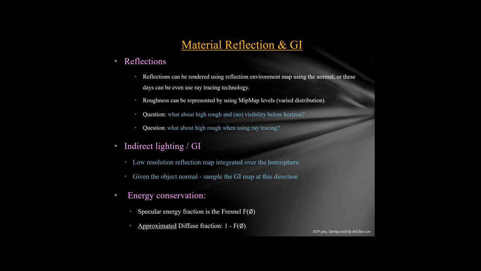We're actually sampling the environment map, but we're downsampling it to several levels, and each level is more blurry, representing the energy that we'll get from several neighbor pixels in this environment. And if we downsample, we need to be careful to downsample in a way which preserves the angle, and that's not that easy to do.